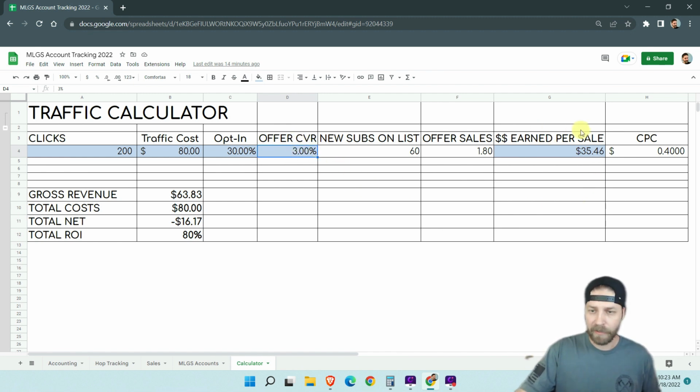Then we can grab this average conversion from the offers that you're presenting. I like to present marketplace offers like ClickBank, Warrior Plus, JVZoo or Digistore24, marketplaces where you don't actually have to buy the offer to present it.